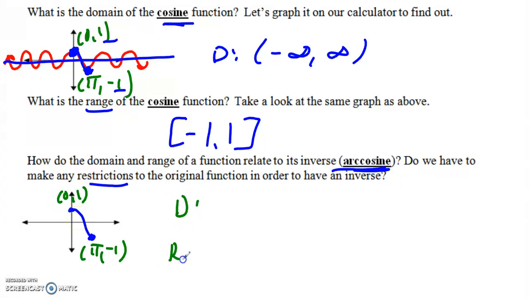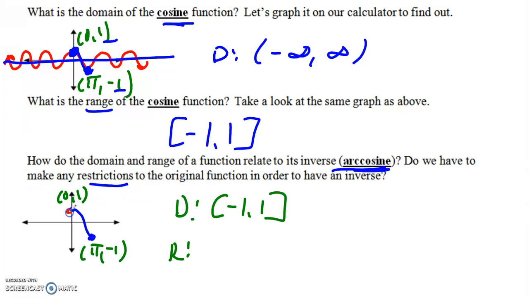So if I want to find the domain and range of this inverse cosine, the domain of the inverse is the range of the original. So my domain is, again, -1 to 1. My range of the inverse is dependent on the domain of the original, but again, now this is restricted. Where is it restricted?